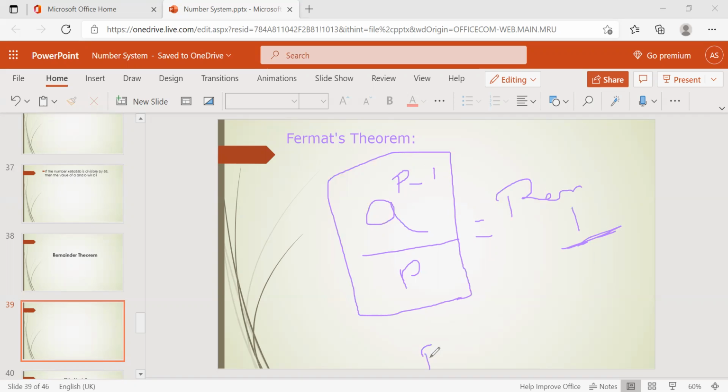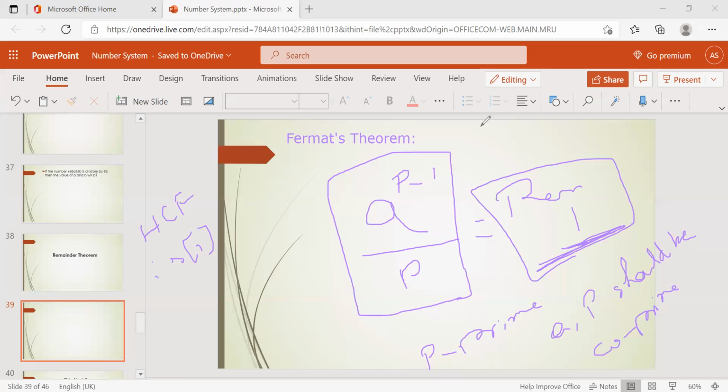But the condition is that p is a prime number, any prime number, and a and p should be co-primes. We already discussed co-primes, right? When the HCF is 1, that means there is no common factor between the two numbers except one, that is nothing but co-primes. So here a and p should be co-primes, then the remainder will be 1.